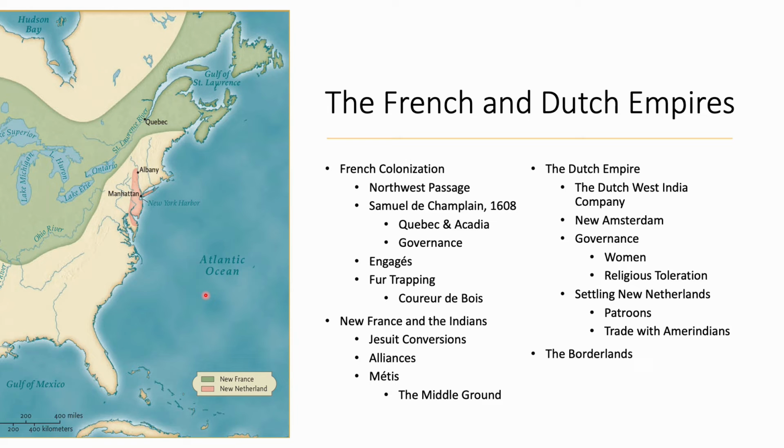And so there's this long rumored waterway that somehow connects the Atlantic with the Pacific. And this rumored legendary passage, which technically doesn't really exist, is known as the Northwest Passage.